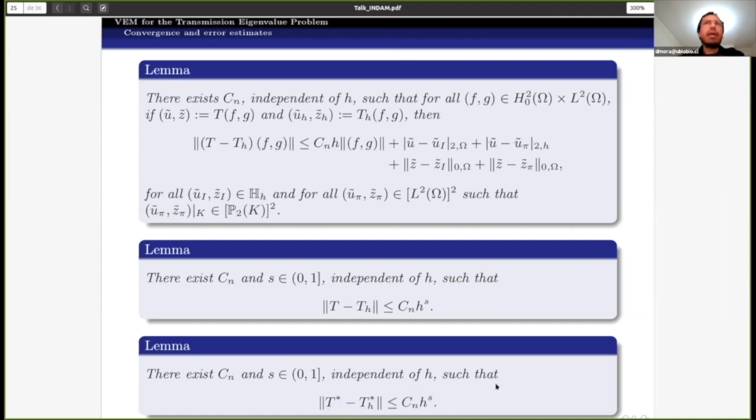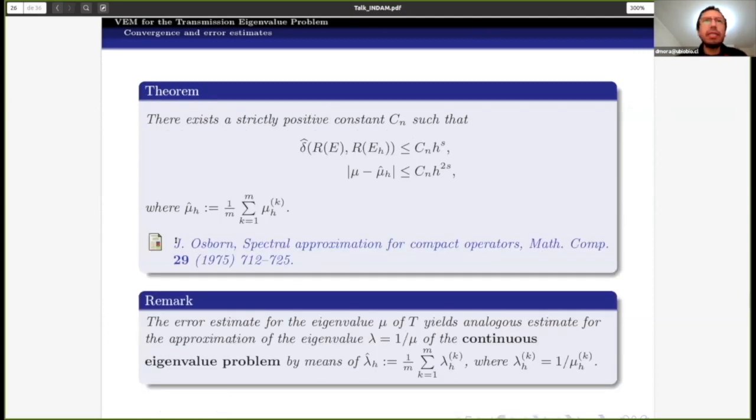As a consequence, using the argument in this reference, we immediately have convergence for the eigenfunctions and a double order for the eigenvalues for the problem.